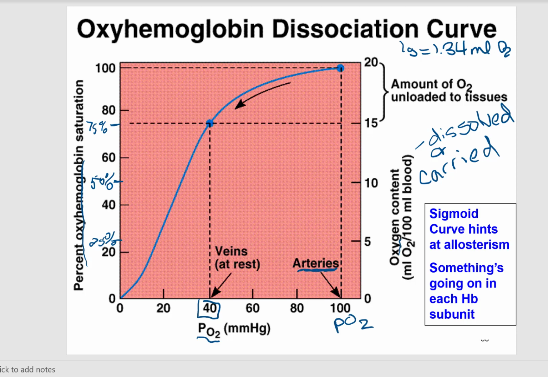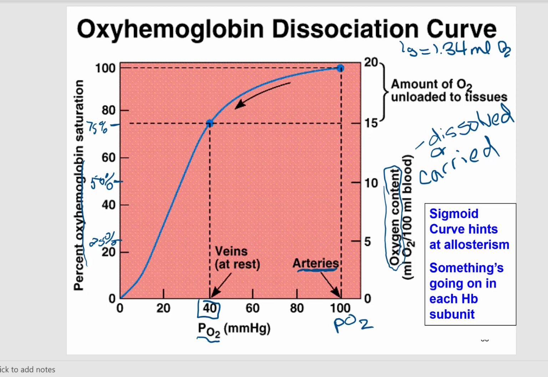The added 0.3 from dissolved oxygen in the plasma is insignificant compared to that carried. Still, knowing oxygen content is an important y-axis to see on this oxyhemoglobin dissociation curve.